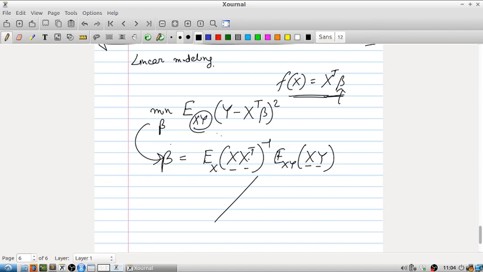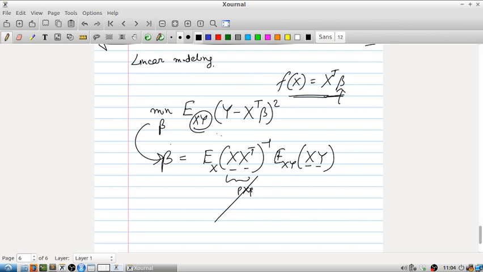So x x transpose, what is its dimensionality? Just as a check. What is it? Yeah, it's a square matrix. It's actually a p cross p matrix. Remember, x is just an input variable, which is p-dimensional, let's say.